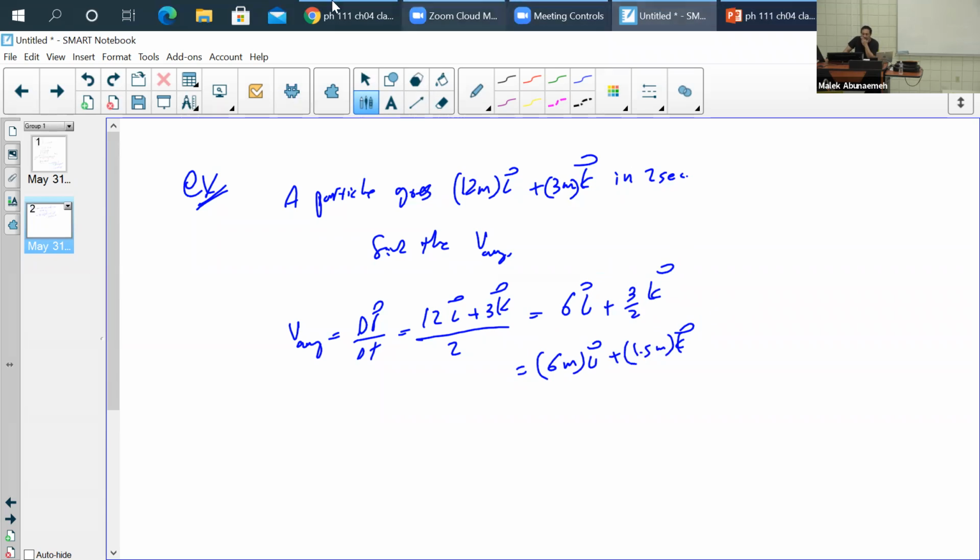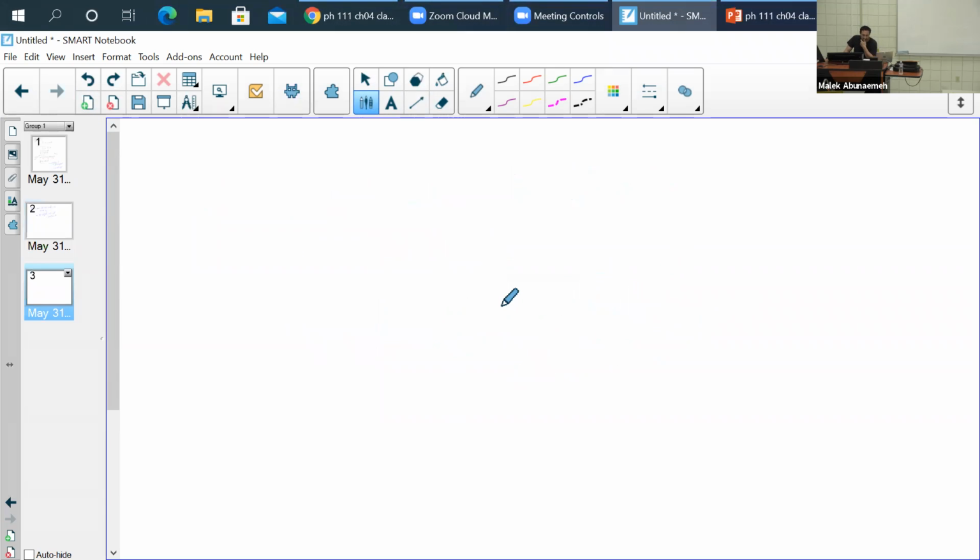Wonderful. So we're talking about the velocity, right? The average velocity is delta r over delta t. That means your velocity, as the time goes to 0 in the limit, is going to be dr with respect to time, dt.